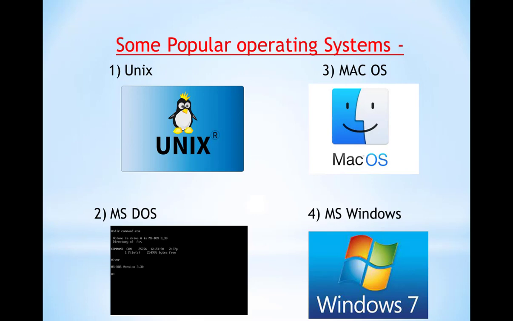Next is Mac OS. Mac OS is a graphical operating system developed and marketed by Apple. It is a primary operating system for Apple Mac computers.